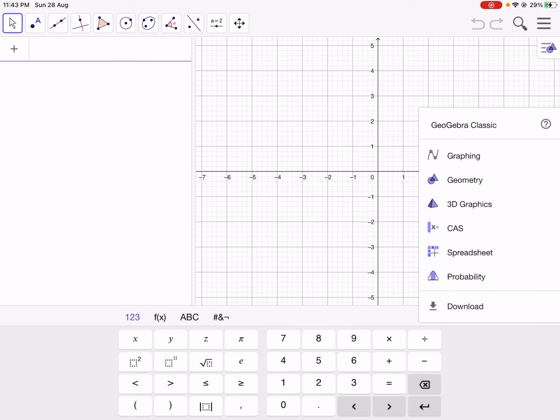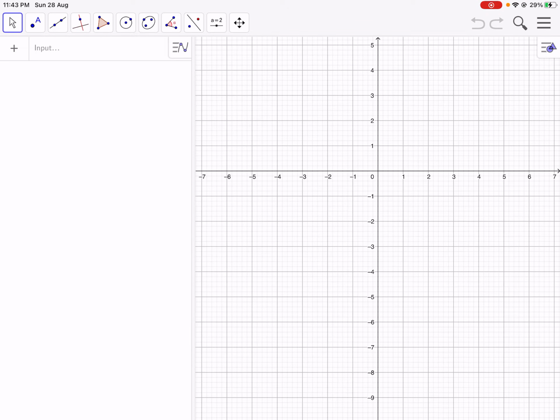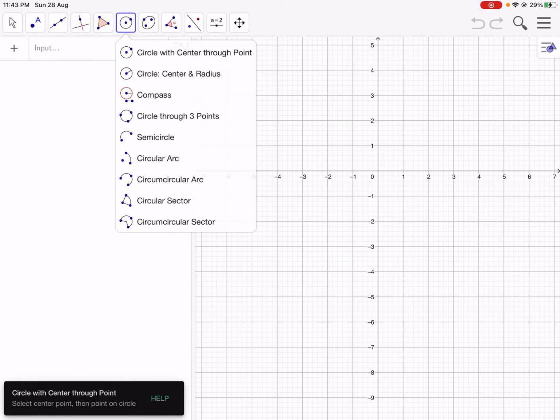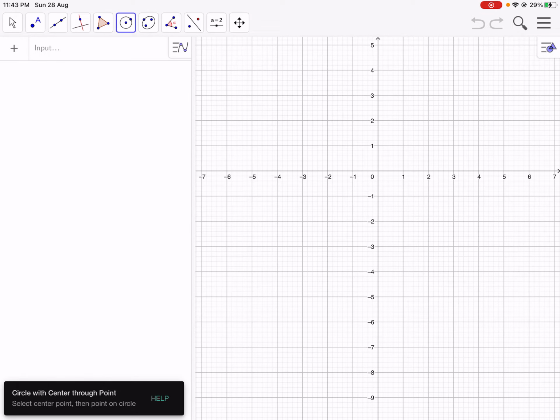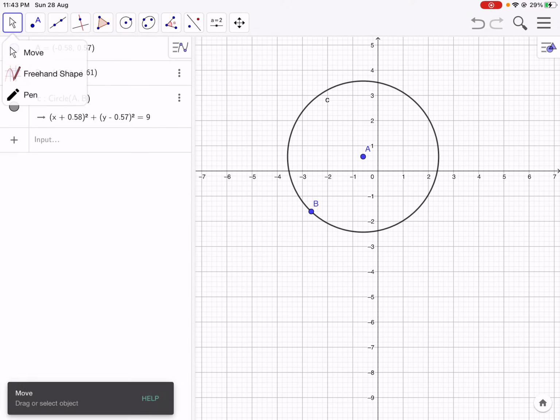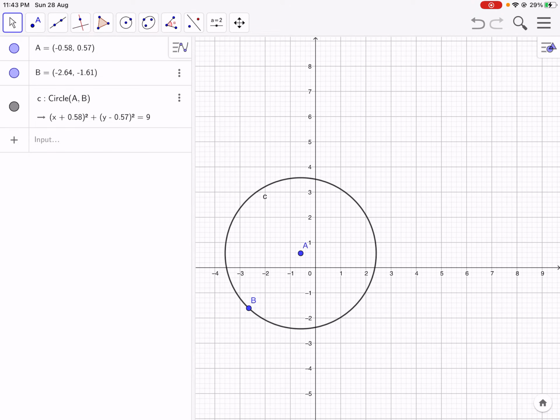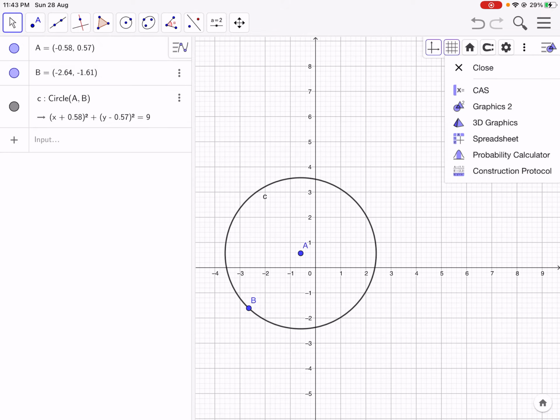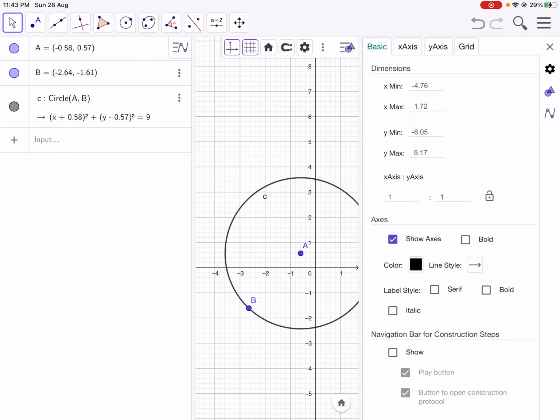If you've never used GeoGebra before, it's a great little app. First thing is we've got a circle. The question says, consider a circle. So let's just put the circle anywhere. Doesn't really matter. Turn the axes off so that we don't get confused.